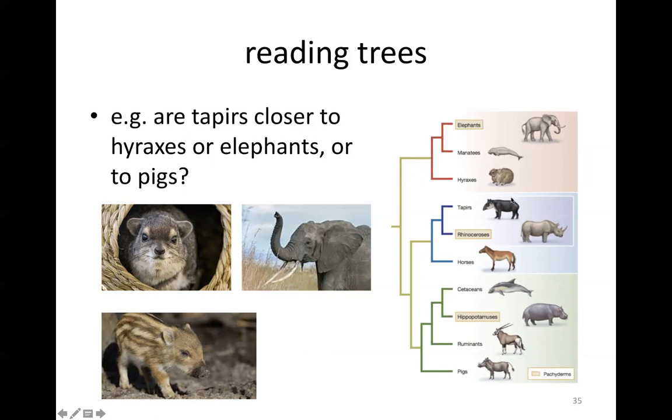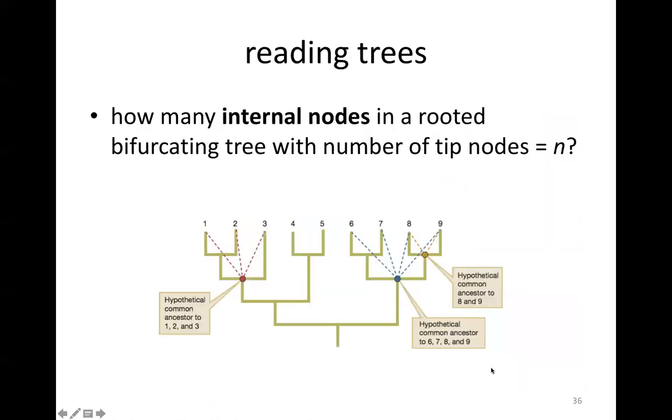Okay, so the question is, looking at this phylogeny, what kind of evolutionary relationships can we infer? Are tapirs closer to hyraxes, or to elephants, or to pigs? So 3 options: hyraxes, elephants, pigs. And do I have the answer?